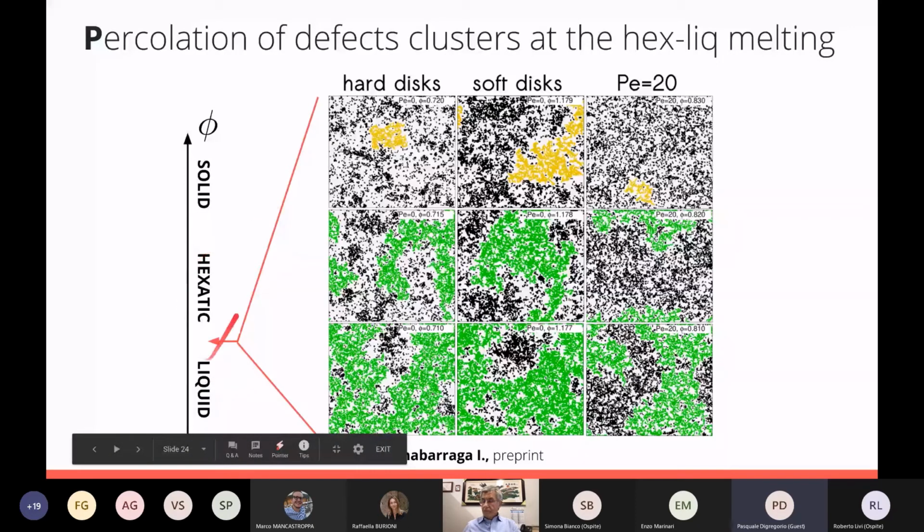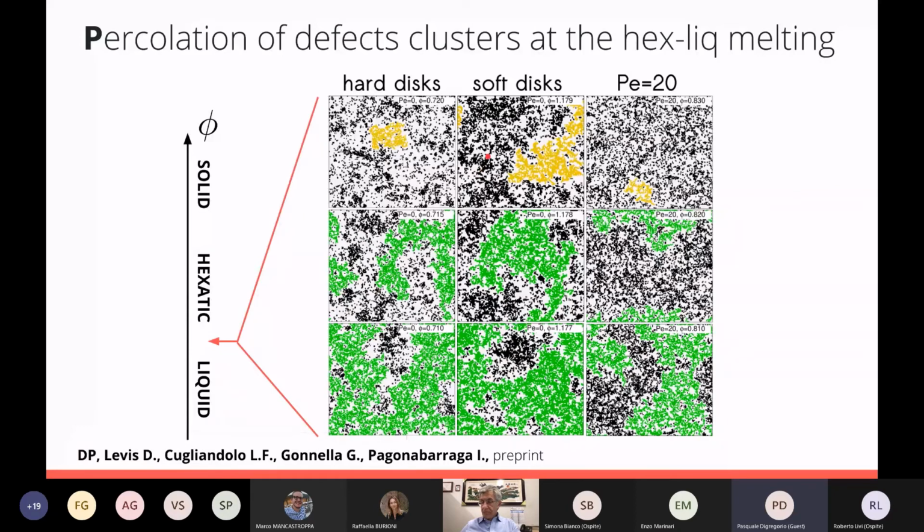And the interesting thing is that we always observe critical percolation together with the hexatic-liquid phase transition, both in the passive case, where we observe the same percolation behavior both for the hard disk model, where, I remind you, we have a first-order hexatic-liquid phase transition, and also for the soft disks, where we have a continuous hexatic-liquid phase transition.